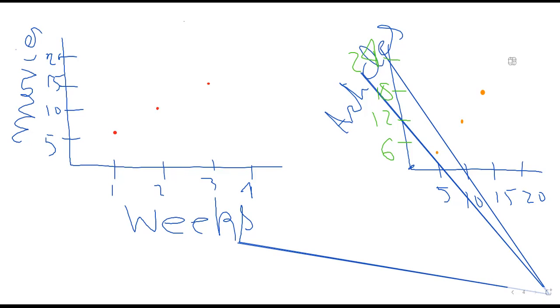First 3 weeks. And how many movies? Would it be 18? Let me cross check this one. If I can just locate, this is the third week, and she is watching 15 movies according to this.